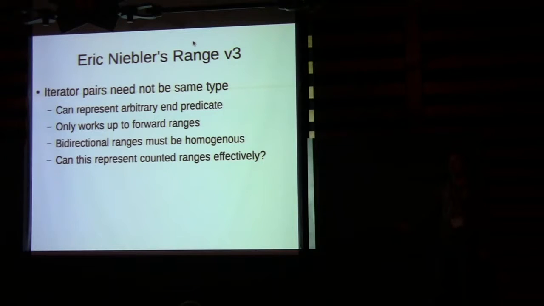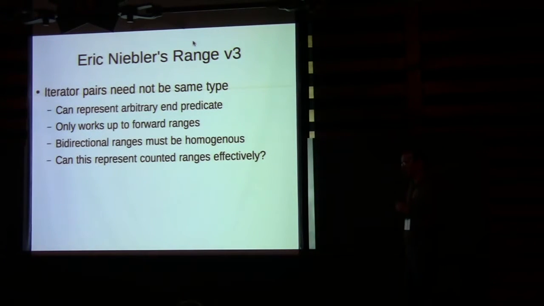If the predicate returns true, then we're equal. So I can say, I have a vector iterator, and I want to iterate until it encounters 42. I can create a custom end sentinel that says, dereference that other iterator. If it's 42, then we're equal.